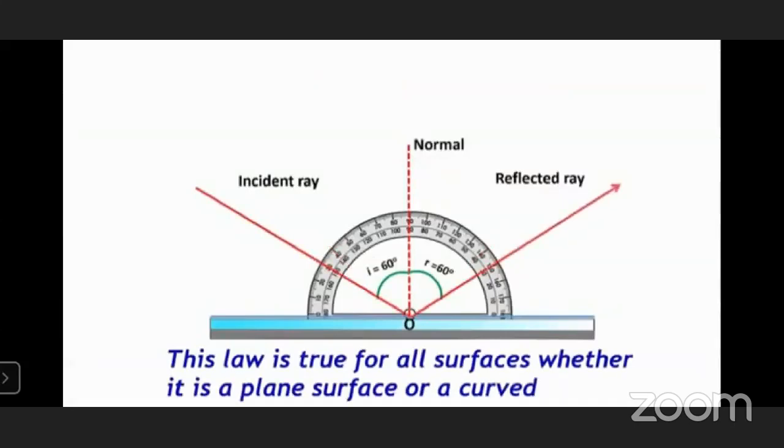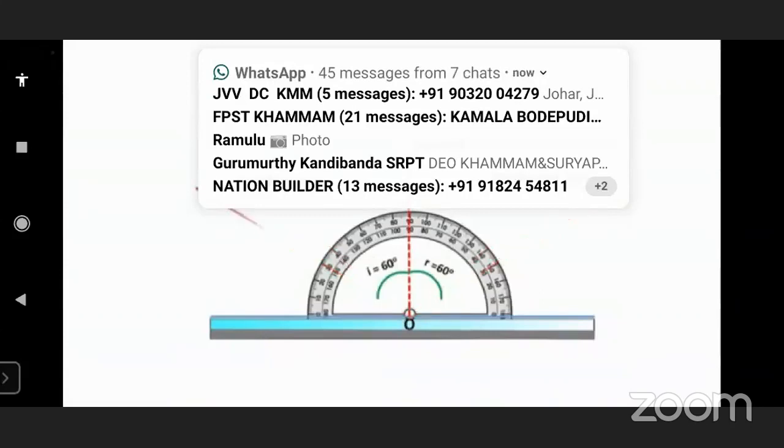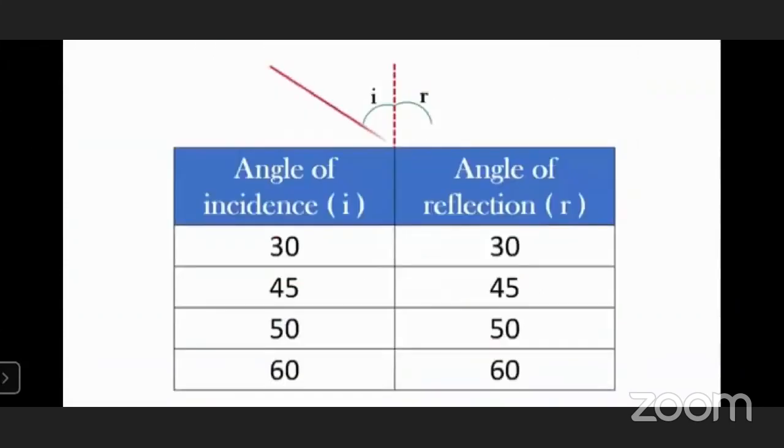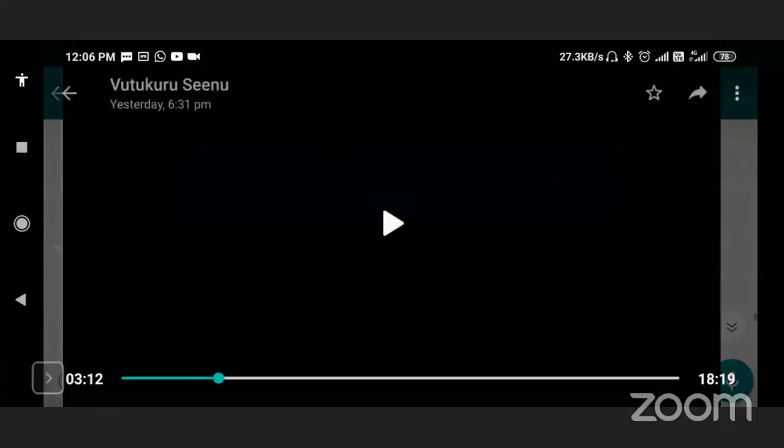This law is true for all surfaces, whether it is a plane surface or a curved surface. If the angle of incidence is 30, the angle of reflection will be 30. I is equal to R. If the angle of incidence is 45, the reflection will also be 45.